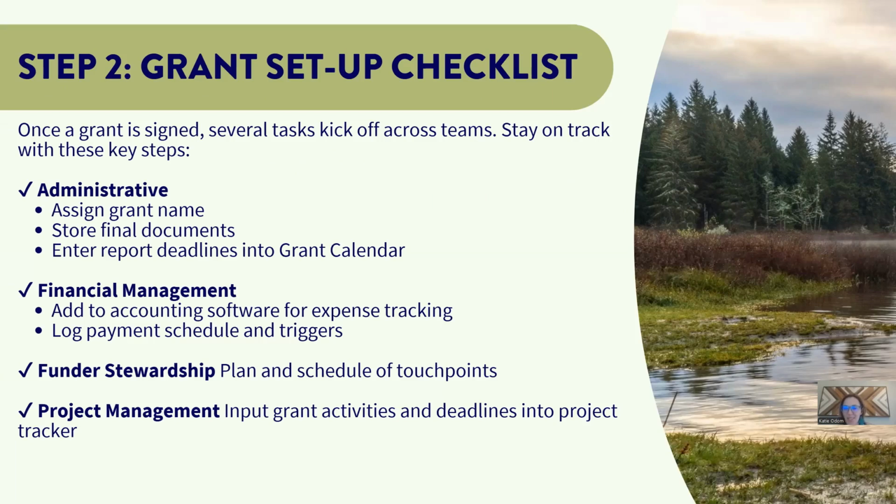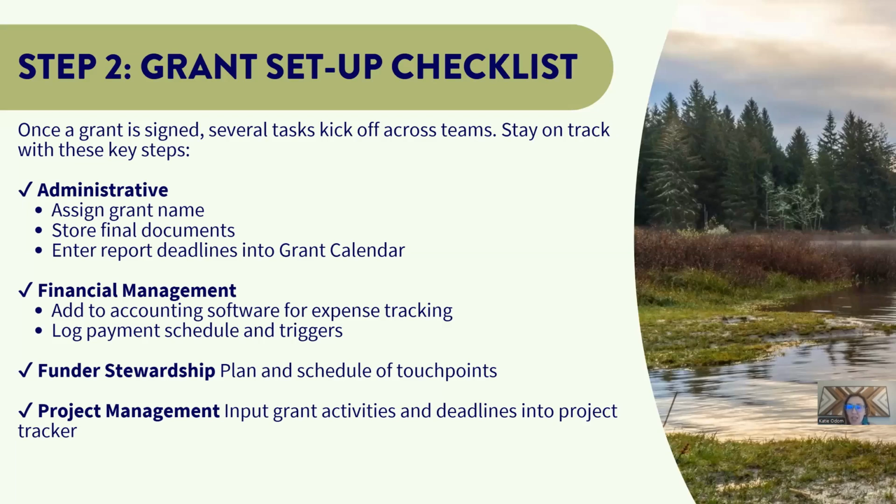We talked about these documents being ongoing resources, and protecting them from accidental editing can be a really helpful step to make. And finally, you'll want to enter report deadlines into your organization's calendaring system or into that master grant calendar template I provided in an earlier video.